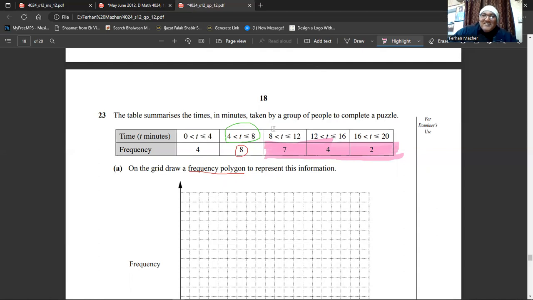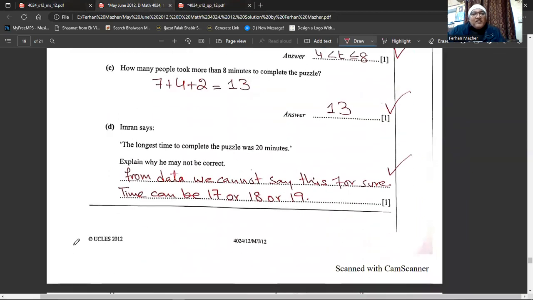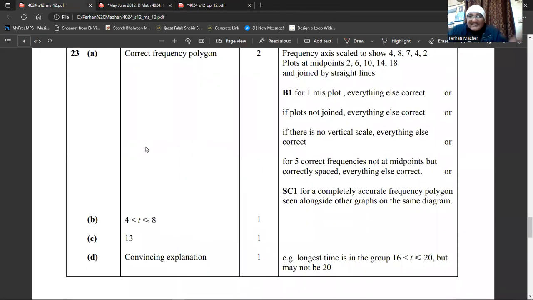It's possible, but from this data, you cannot say for sure that they both took 20 minutes, because it's a class from 16 to 20.